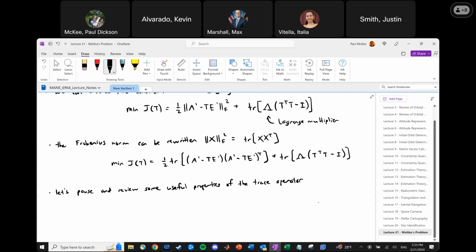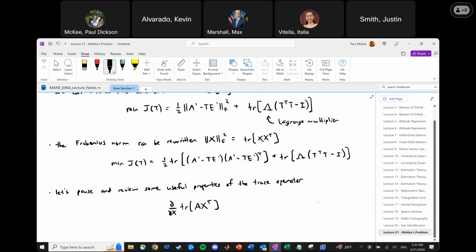That's the idea. So let's say you have the derivative with respect to X of the trace of the matrix A times the matrix X transpose. It's the trace of A X transpose.